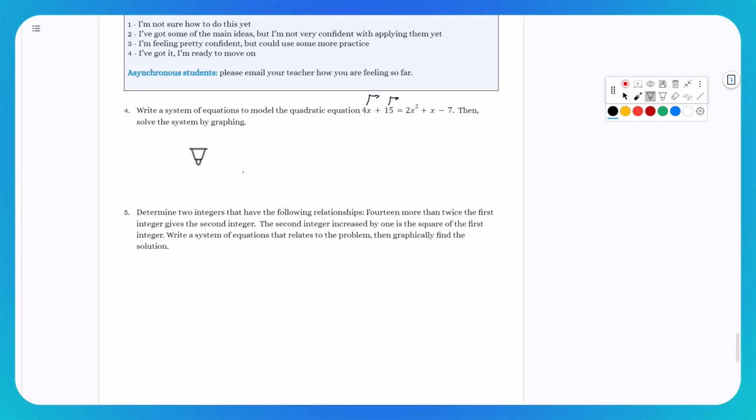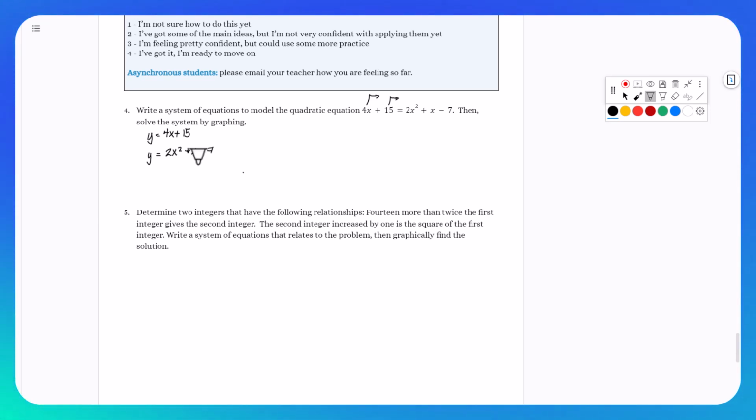But we can also solve this quadratic equation by creating a system of equations and solving that. The way we're going to do that is make one side equal to one equation and the other side equal to the other equation, because notice these are equal to each other. So that must mean right now, writing it as y equals, this is actually the same y.